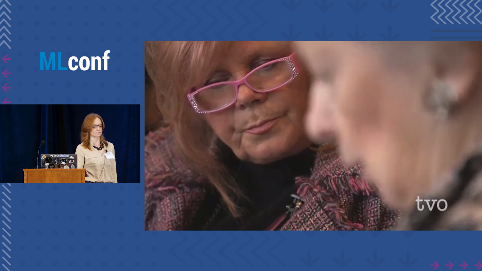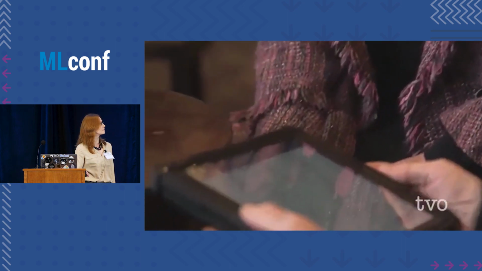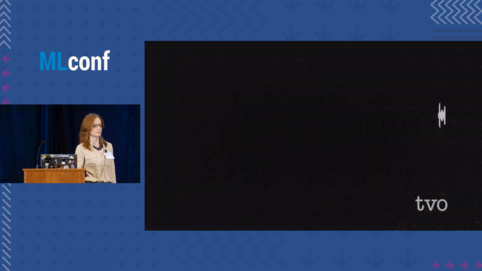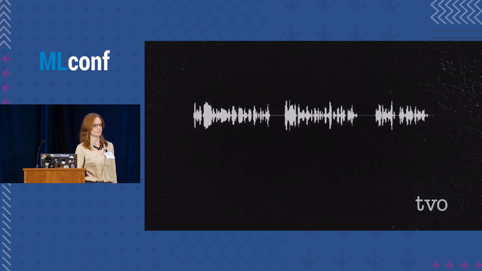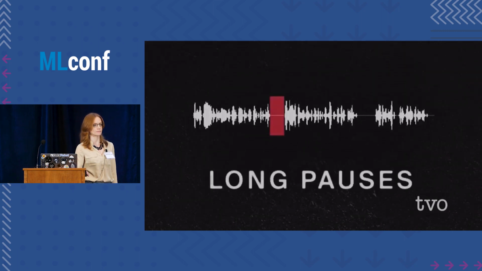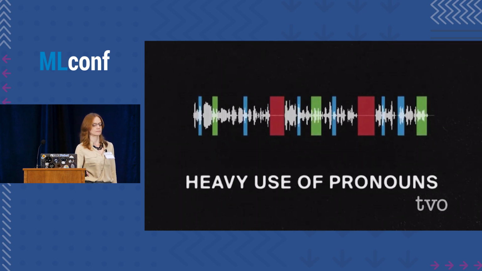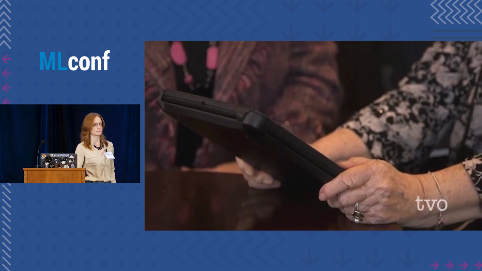He looks like he's yelling back at her, which I guess. So we look at things from the content of your speech, what words you're using, your syntax, your grammar. When someone takes the Winterlight assessment, their voice recording is made into a plain text transcript. Long pauses, repetition, and heavy use of pronouns are all marked by the Winterlight algorithms. The Winterlight test takes only a few minutes to complete, whereas the paper-based assessment can range anywhere from 15 minutes to an hour.